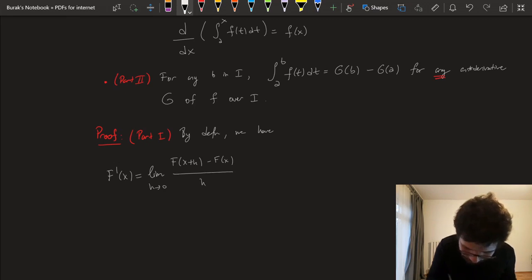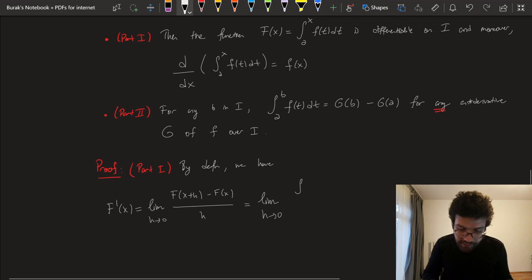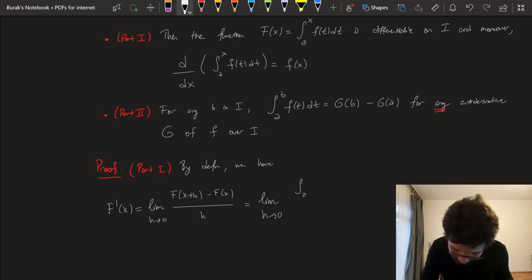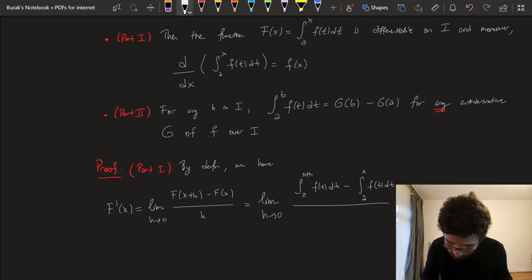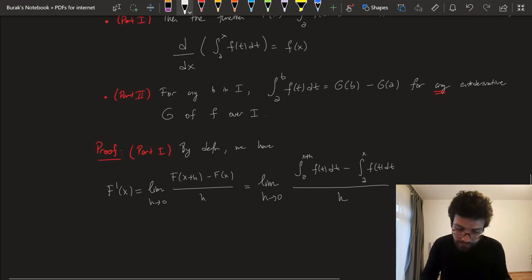And let me explicitly write this down. Using the definition of big F, you just write this as the integral of little f from a to x plus h minus the integral of little f from a to x, and you divide this by h.